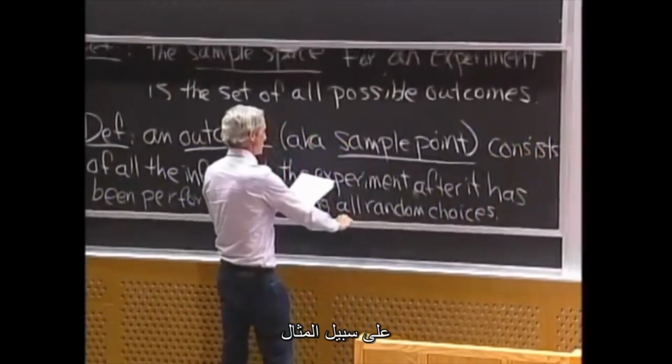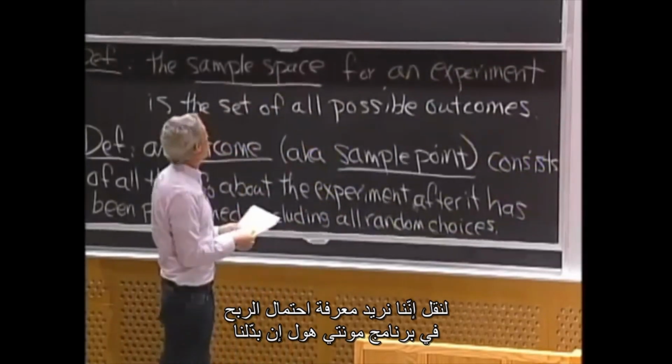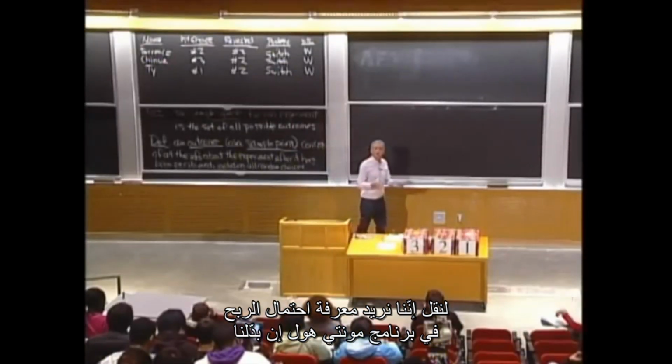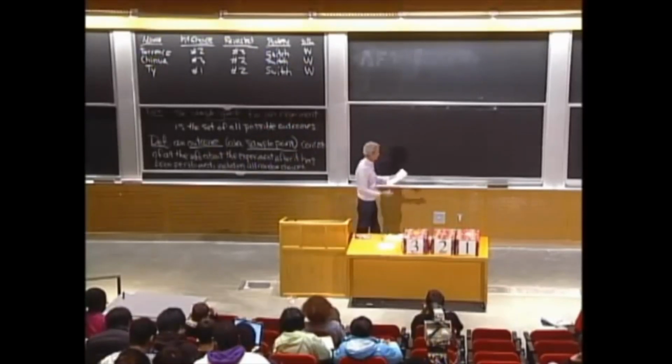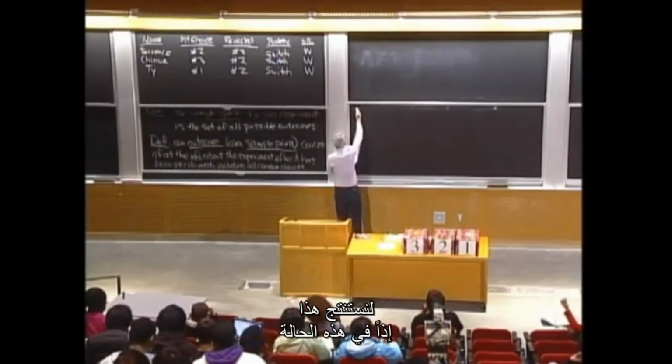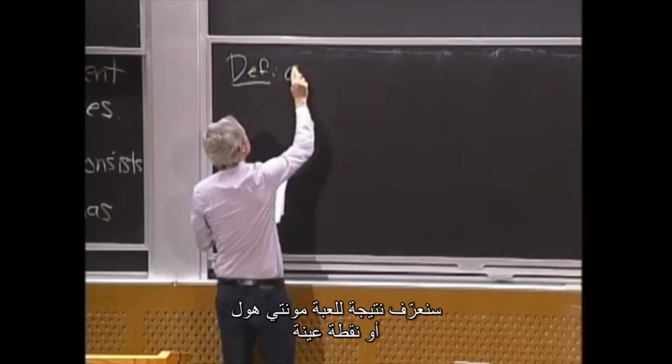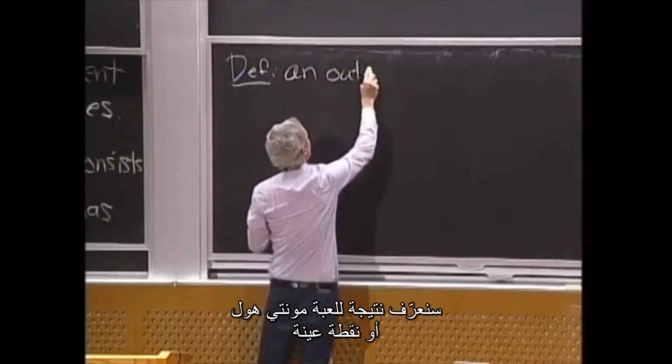For example, say we want to know the probability of winning in Monty Hall if you switch. All right, let's figure that out. So in that case, we're going to define an outcome of the Monty Hall game, or a sample point.